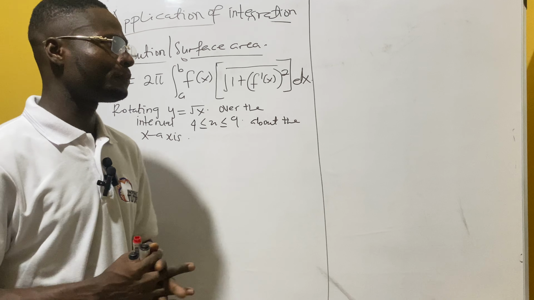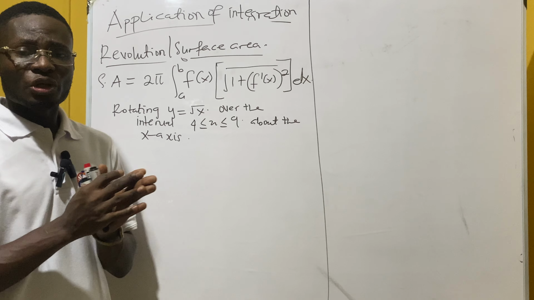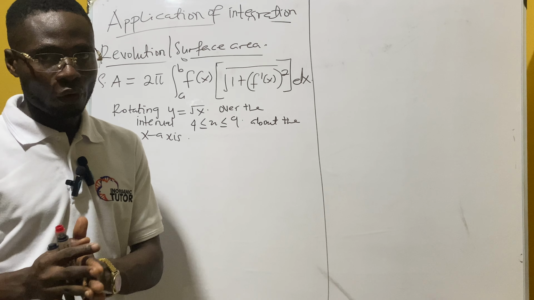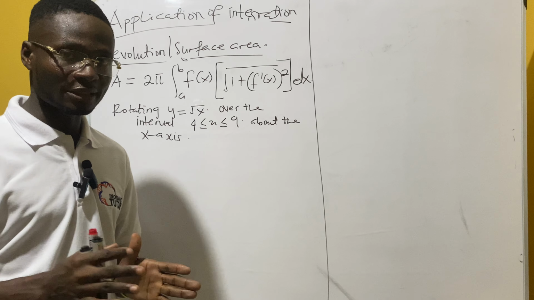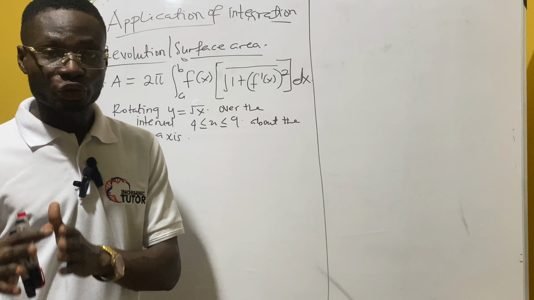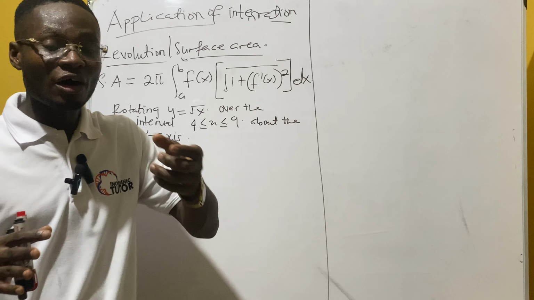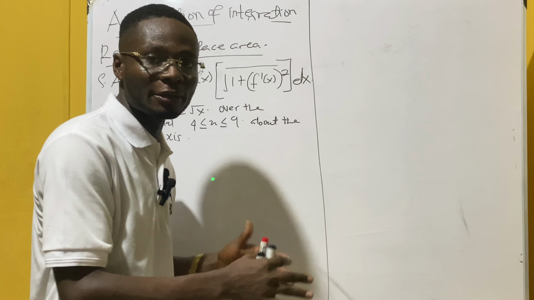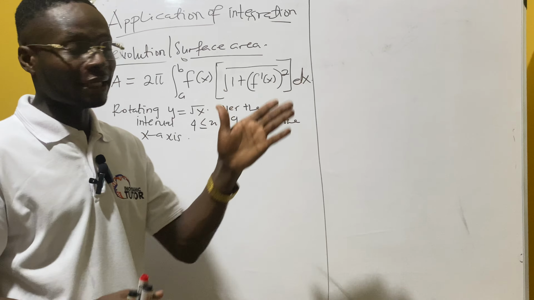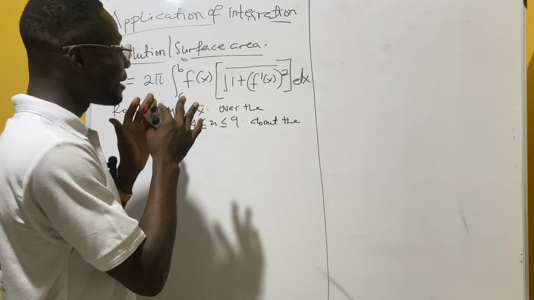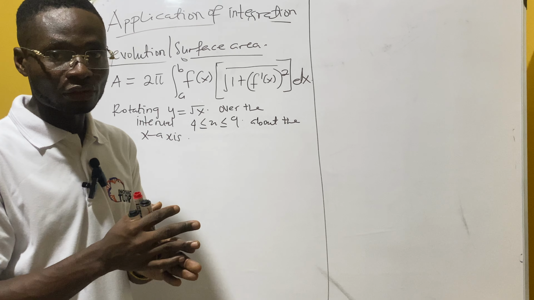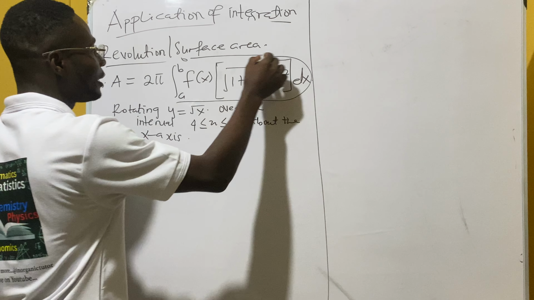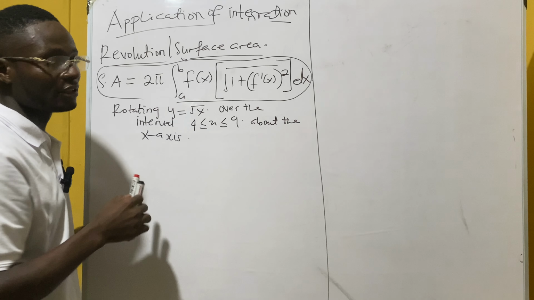What you do is multiply 2 pi, it's all about formulas, multiply 2 pi by the integral of a particular function over a limit, from a lower limit of a to b, times the function. Basically, that is the formula for the surface area.